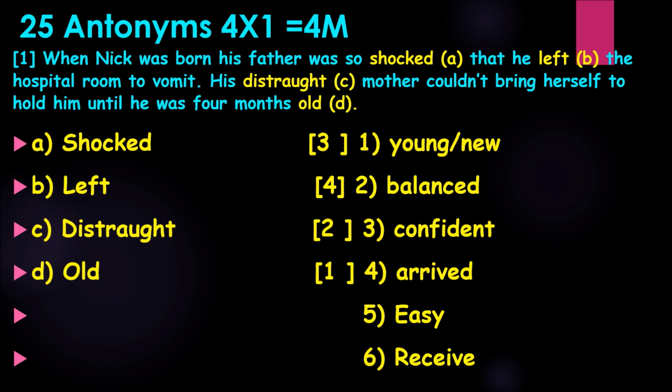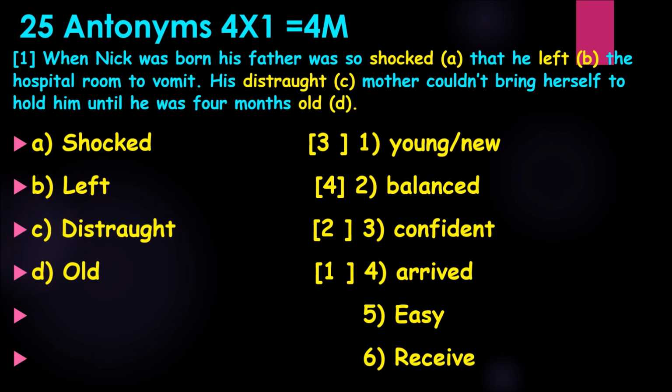So he left and he arrived. Distraught, not worried, not disturbed, and the person is balanced. So 2. Old, here it's not new. 4 months old means you have to write young. So the option is 1.